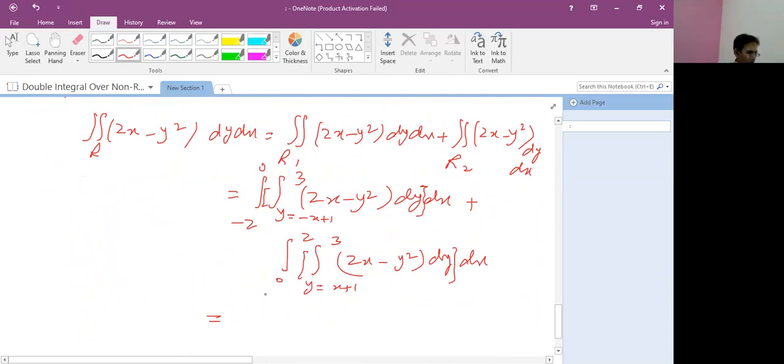So student, if we integrate with respect to y, it is 2xy minus y cube upon 3 for the first integral into dx.